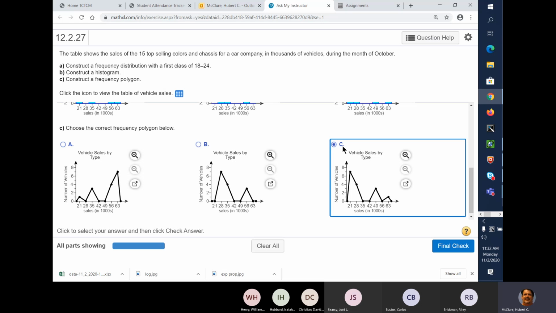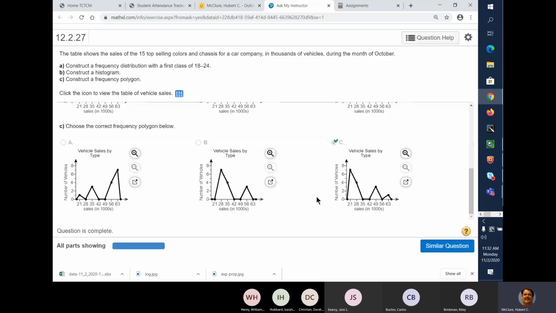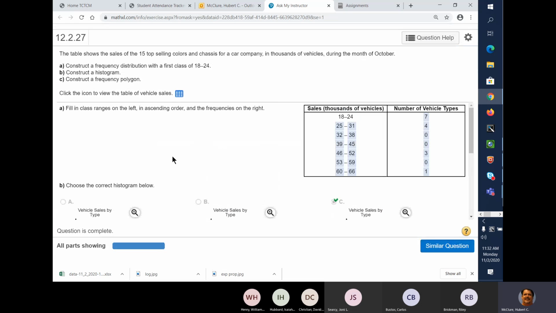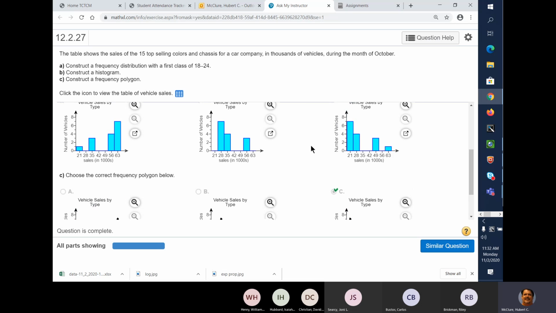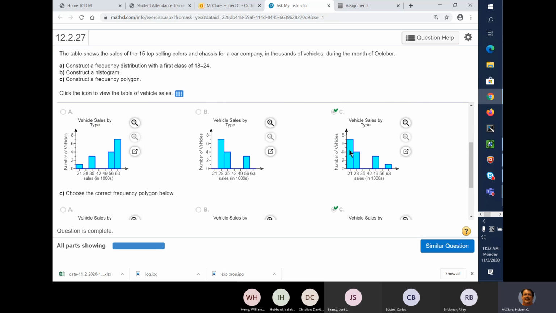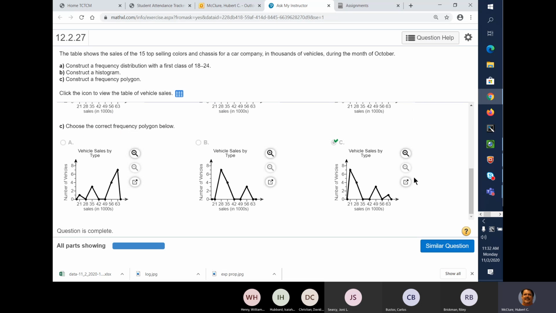And looks like this again. That's it. I like the first part as a test question. These two pretty much are the same thing. That's the bar graph and that's the line graph.